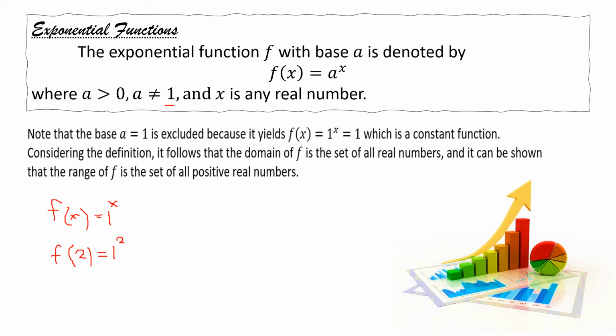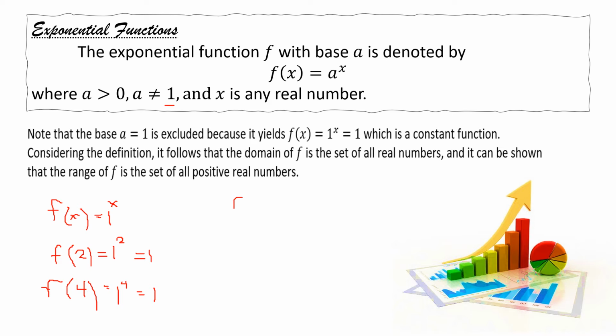So 1 squared equals 1, so 1 times 1 is 1. Doesn't the exponent indicate how many times a number is to be multiplied by itself? If our exponent is 4, then 1 times 1 is 1, times 1 is 1, times 1 is still 1.